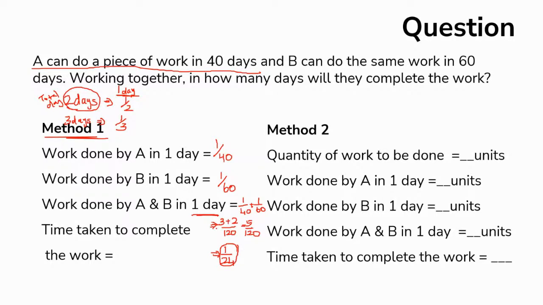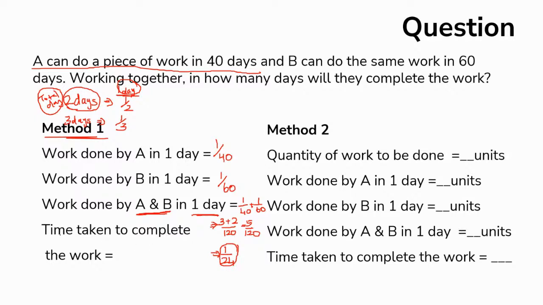So in how many days will they complete the work if both of them are together? That is my question. I have already mentioned that the total number of days and one day work are inversely proportional. Here, if A and B are working together in one day, they can complete 1 by 24th of the work.